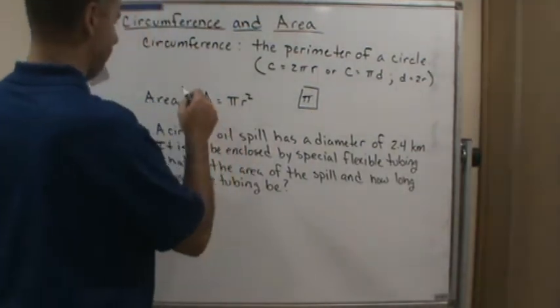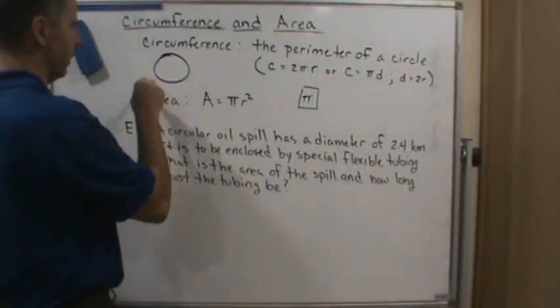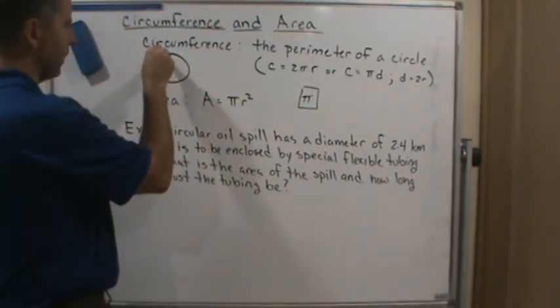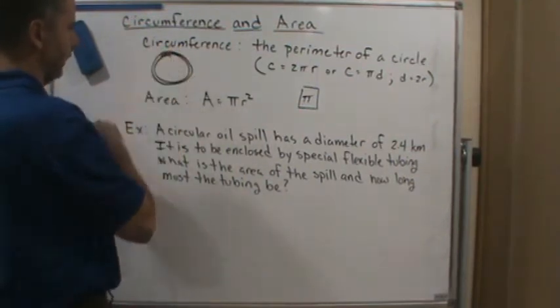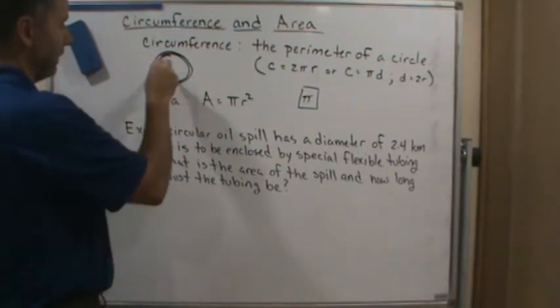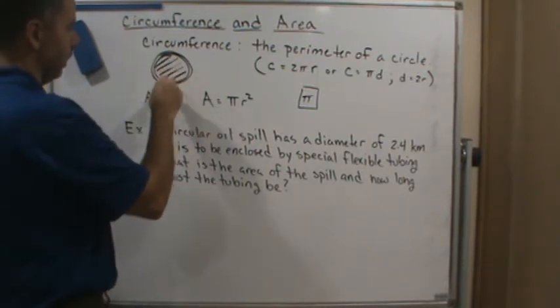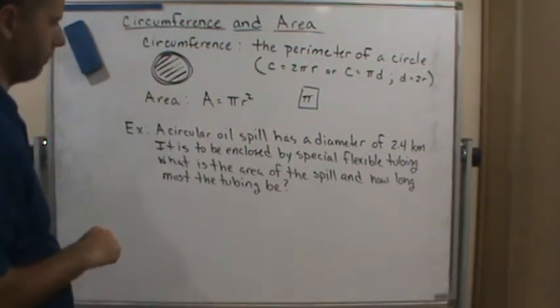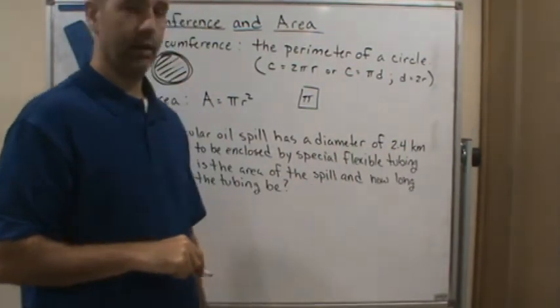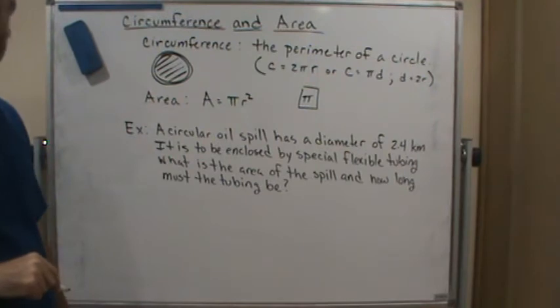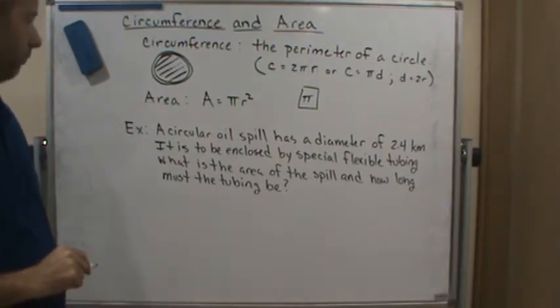Draw a picture, right? So we have a circular spill and we want to enclose it with some tubing, right? So we want the area of the circle, okay? And we're given the diameter of this circular spill, 2.4 kilometers.